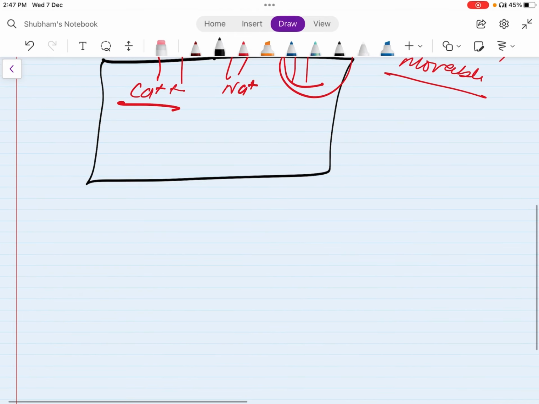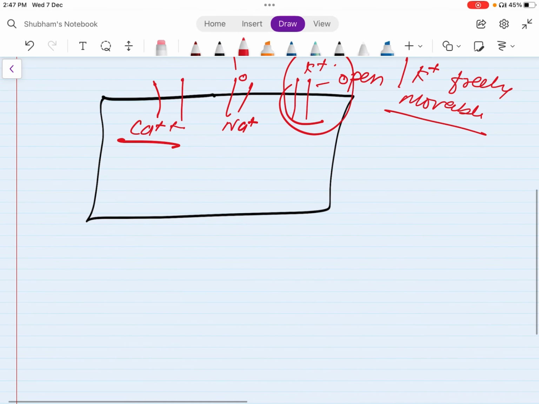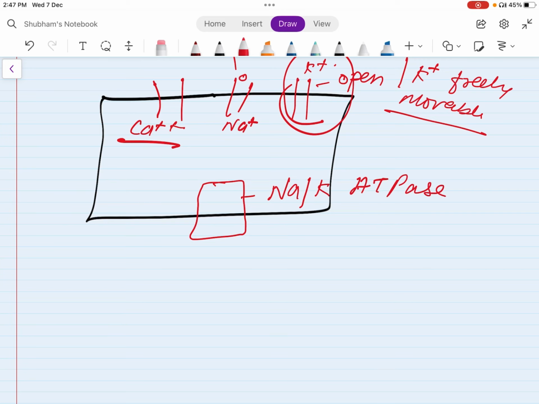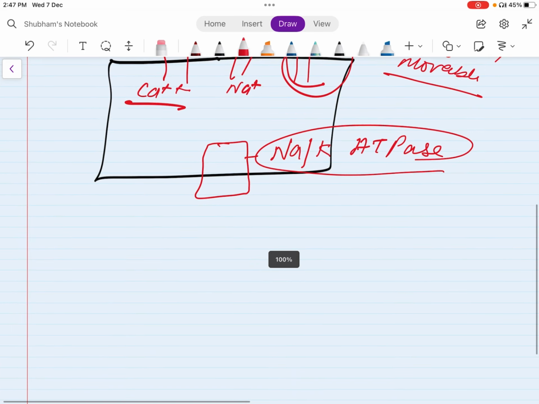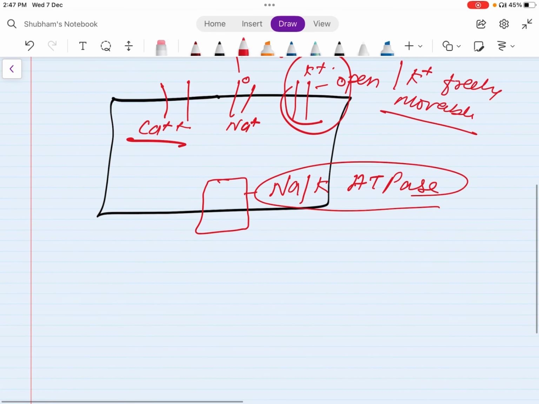So how do we manage the balance then? We have a special enzyme here, sodium potassium ATPase. This is the most important item because if we do not maintain the balance, what happens? There is an increased amount of potassium charge in there.